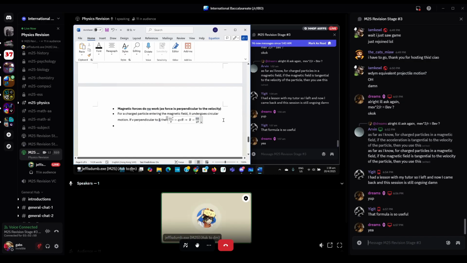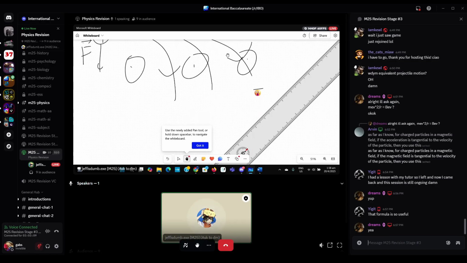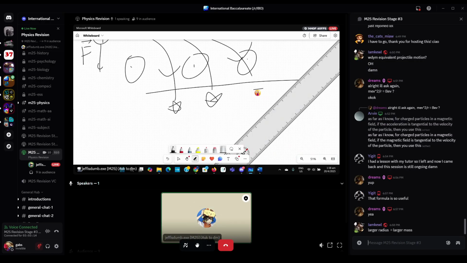So v is the same, but the mass is different, so the radius is different. When the particles are passed through, some have a larger radius than others. I think they probably place a screen here, and when they hit different places, you know that they correspond to different masses.